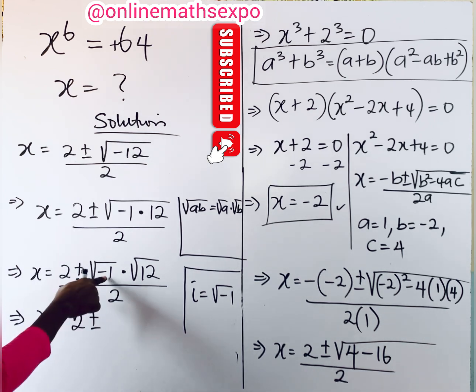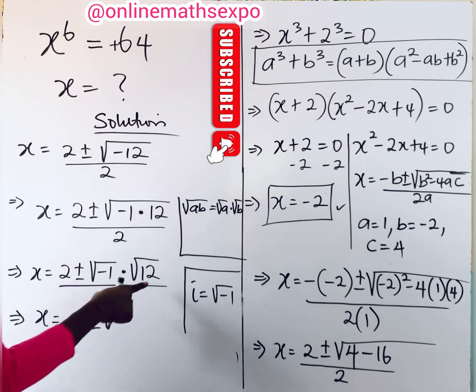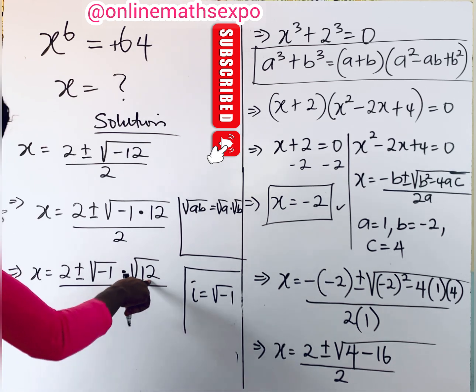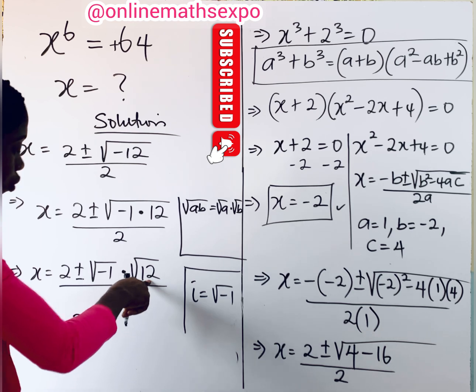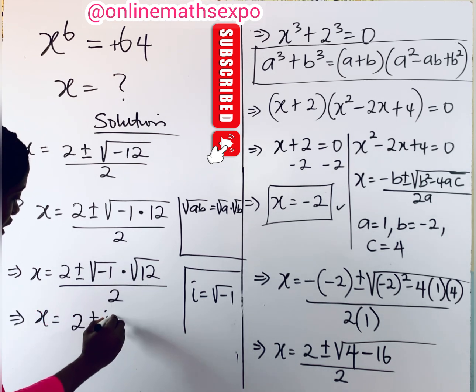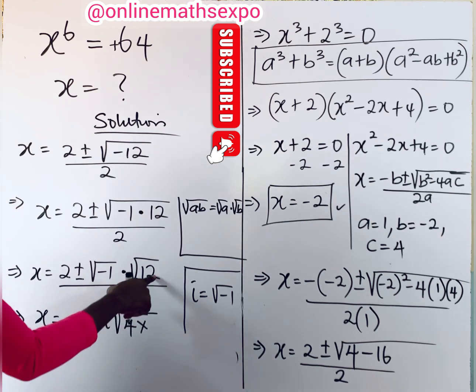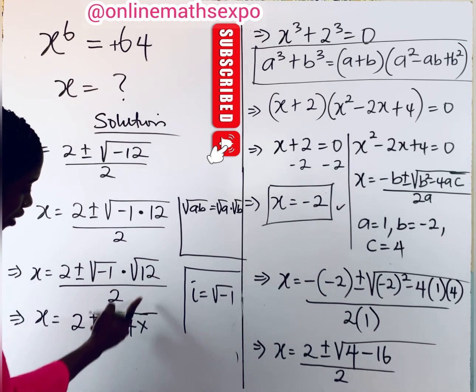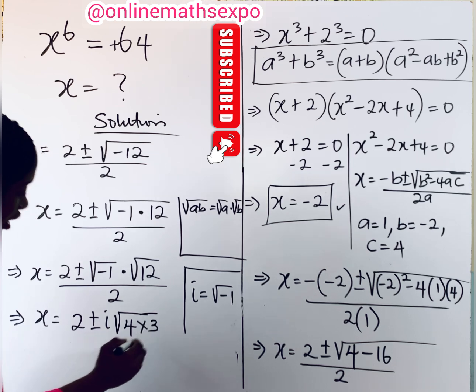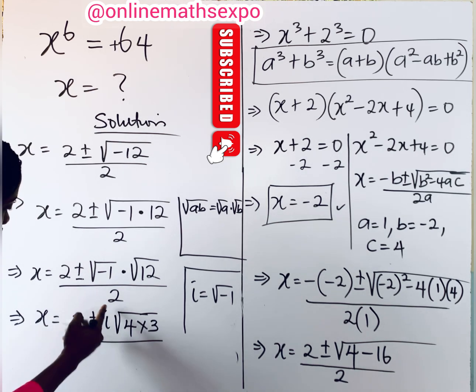Okay, so in this case, we are going to replace this with i. Now this 12 has a perfect square in it. To bring out the perfect square, the highest perfect square here is 4. So when you multiply 4 by 3, it gives you back 12. So you can write this as 4 times 3. I hope you are seeing what I'm doing. And then divided by 2.